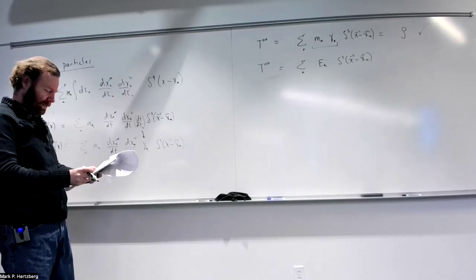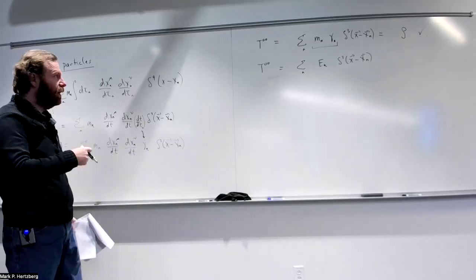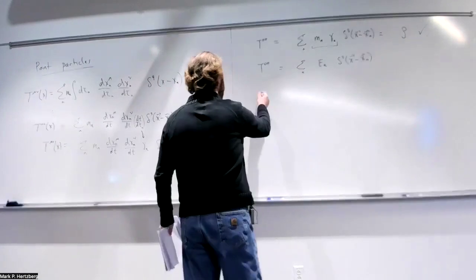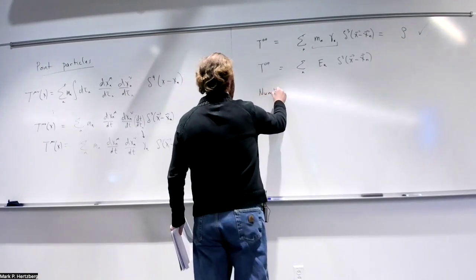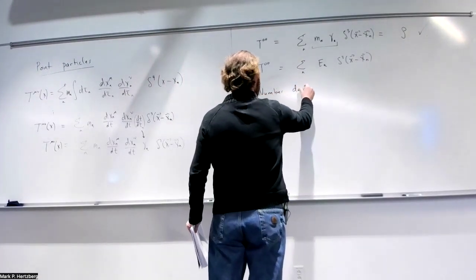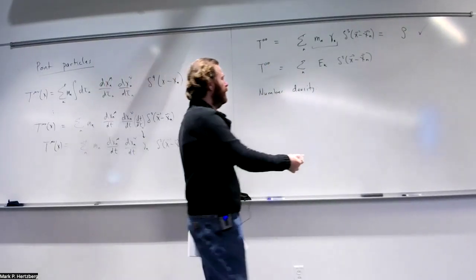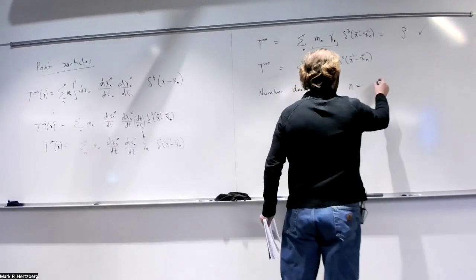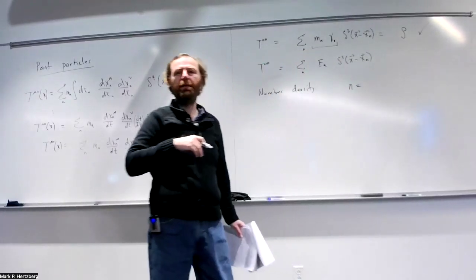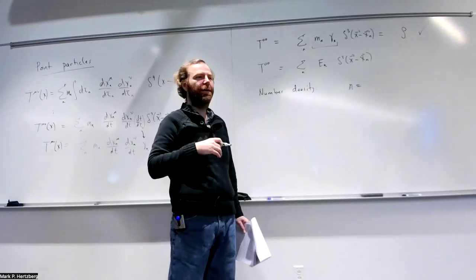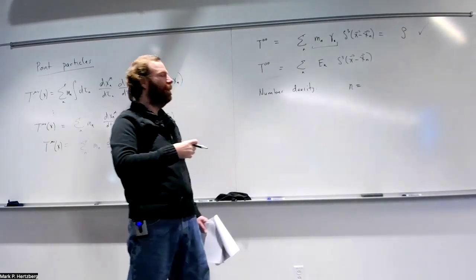Okay, maybe it's useful also to define the number density of particles. So the number density, let's see, how would I write the number density if I have a bunch of point particles? What expression would I write for that?